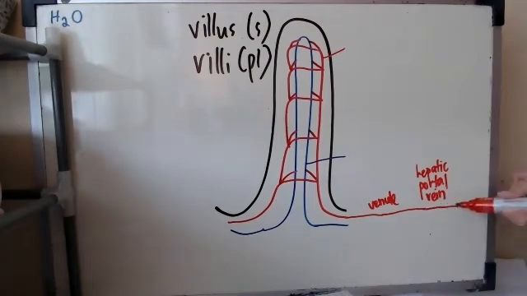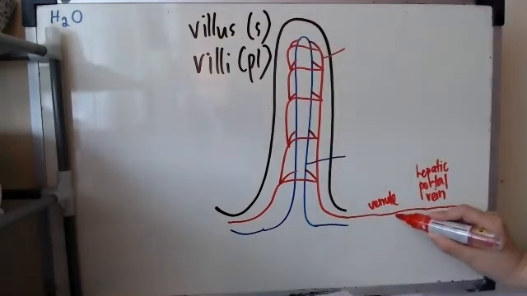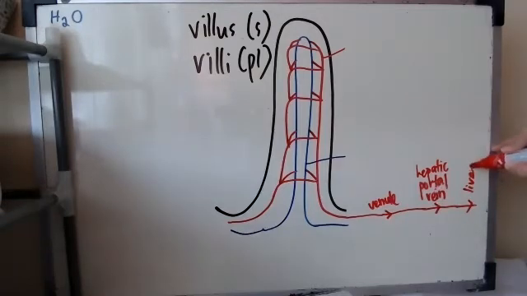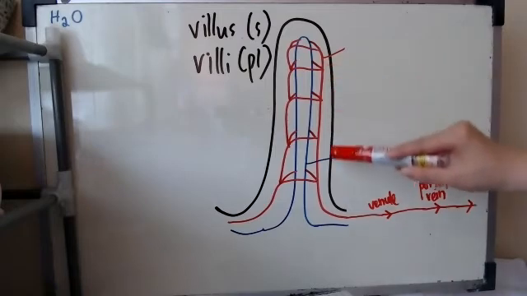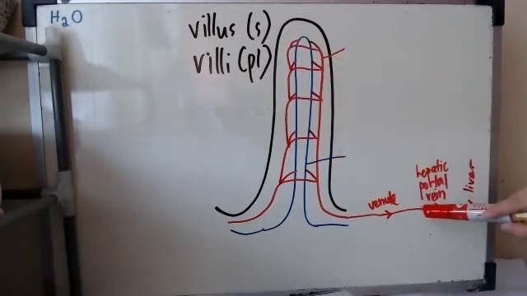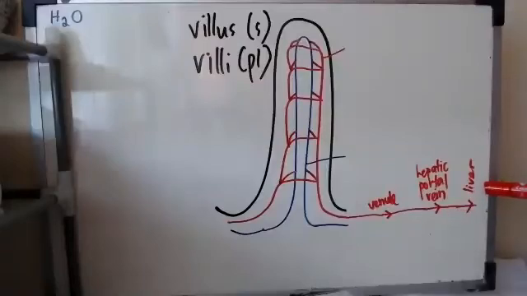The hepatic portal vein connects the small intestine to the liver. So you go to venule, then vein, then liver. That is why it is okay for you to take a large amount of carbohydrate and protein, because a spike in glucose and a spike in amino acids will be dealt with by the liver.